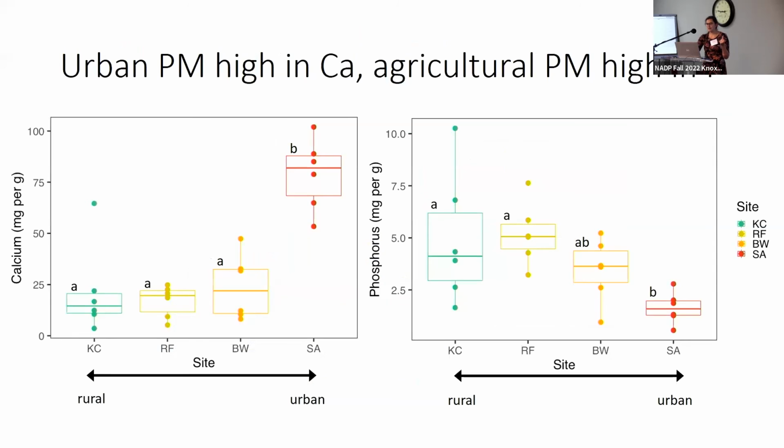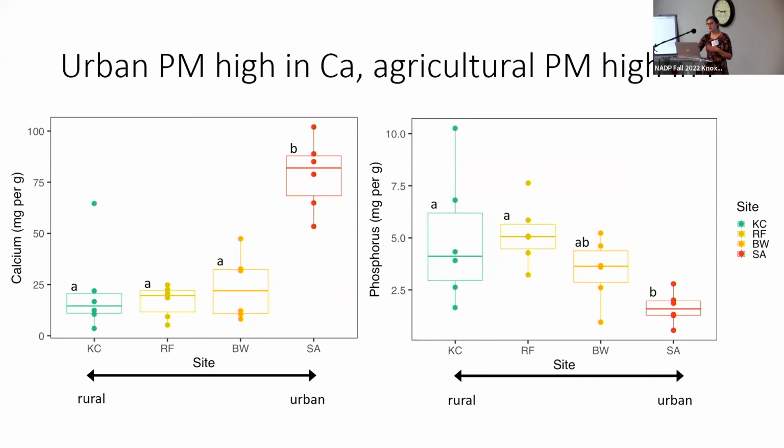Another thing that I wanted to look at quickly, and one of the first elements that I wanted to look at was phosphorus, because I have a, I don't know, special affinity for phosphorus. I like it. Nitrogen gets all the attention. But you can really see that there is this gradient here from the rural site and the more agricultural sites to the urban site.